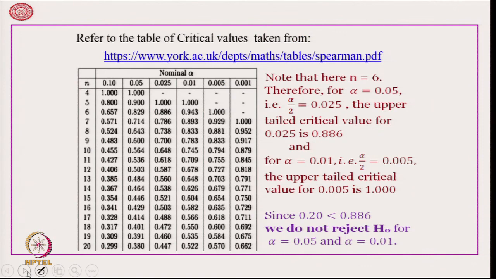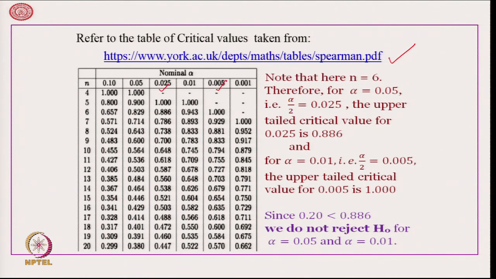Again, as before, we look at the corresponding table. Again, I have given you the link for the table, and as before we look at 0.025 and 0.005.